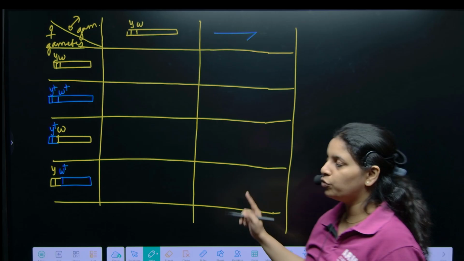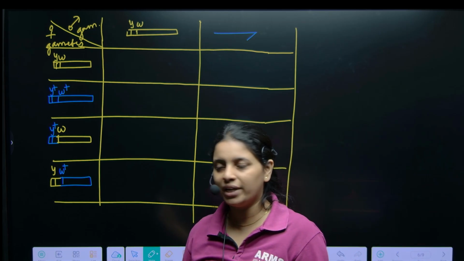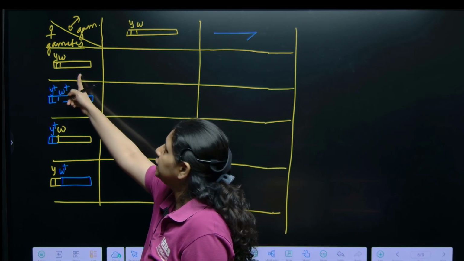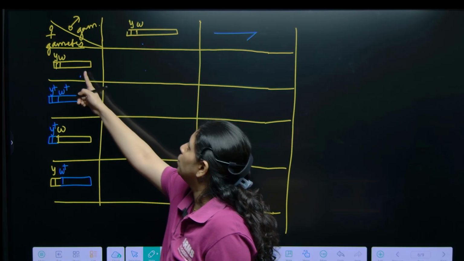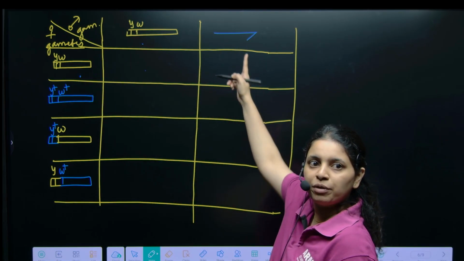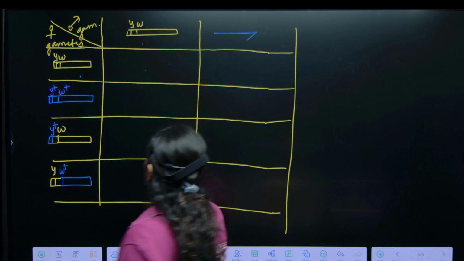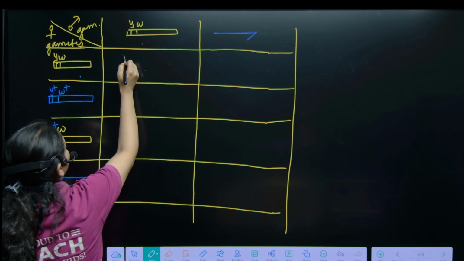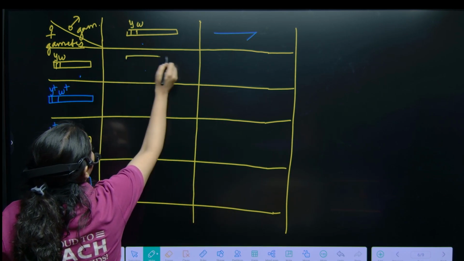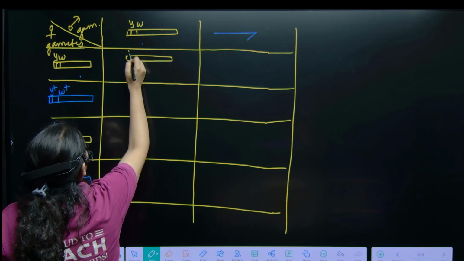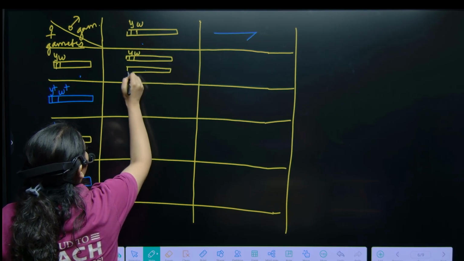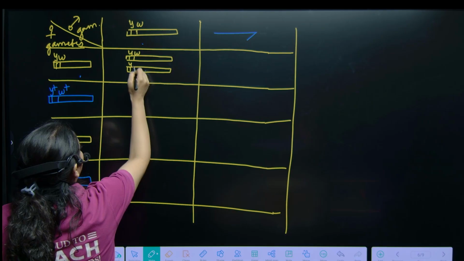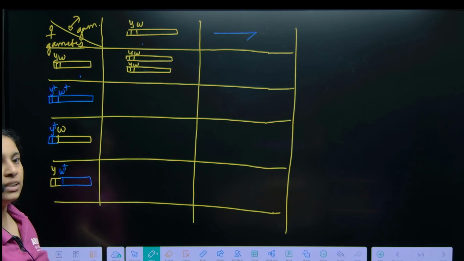Okay, simple. You have to match the pairs as we did in the monohybrid and dihybrid process. If this female gamete is with this male gamete, you have to write it here. If this female gamete is with this male gamete, you have to write it here, and so on. So I will write it quickly. Okay, so we have Y, W, and the other one is also with Y, W. Right? Easy.